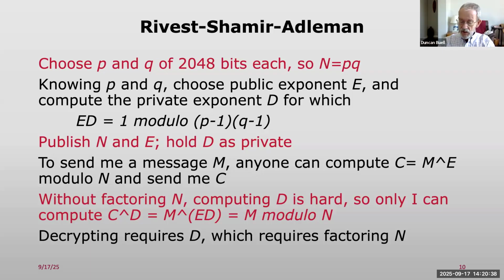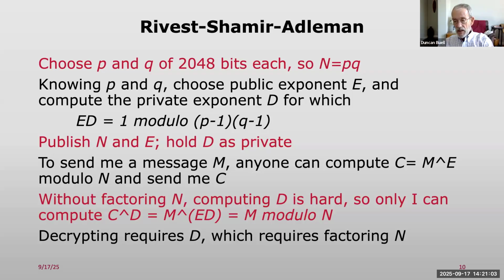And there is a well-known theorem that says for any integer modulo PQ, there's going to be an inverse modulo P minus 1 times Q minus 1. So you can publish N and E, and you hold D secret. And that's the big deal.